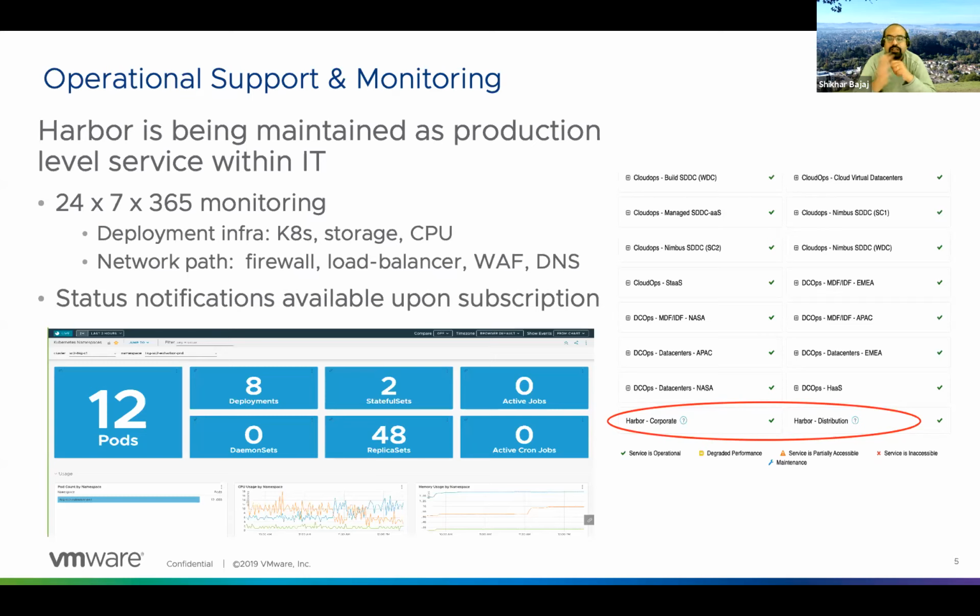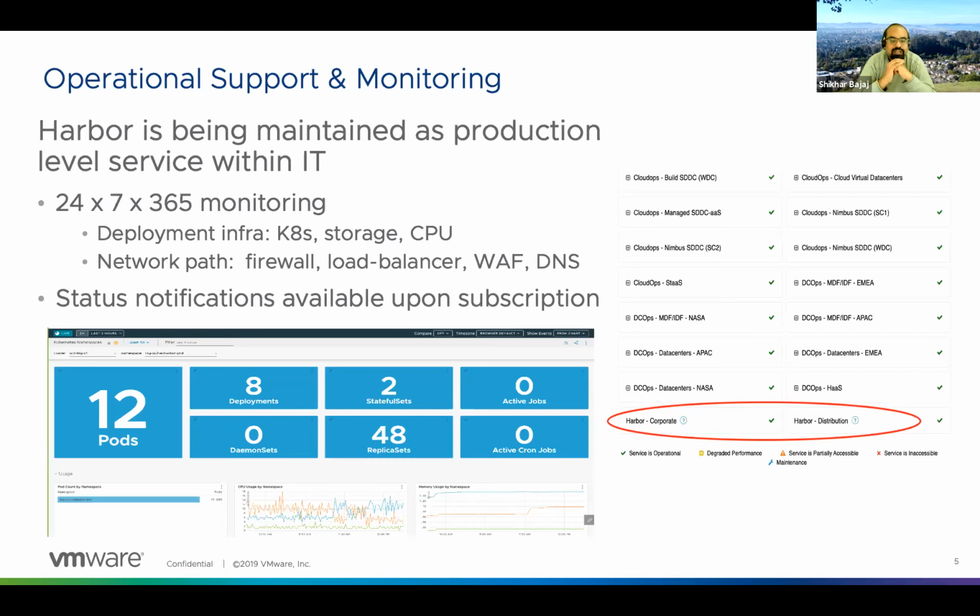We have Slack on the right. I'm just showing a little bit of a screenshot. We have a notifications page where we show all of the different major services that we offer within our engineering services, and both Harbor instances are available, so users can subscribe to that. If there's any change in operational performance, they'll get a notification through Slack and email.